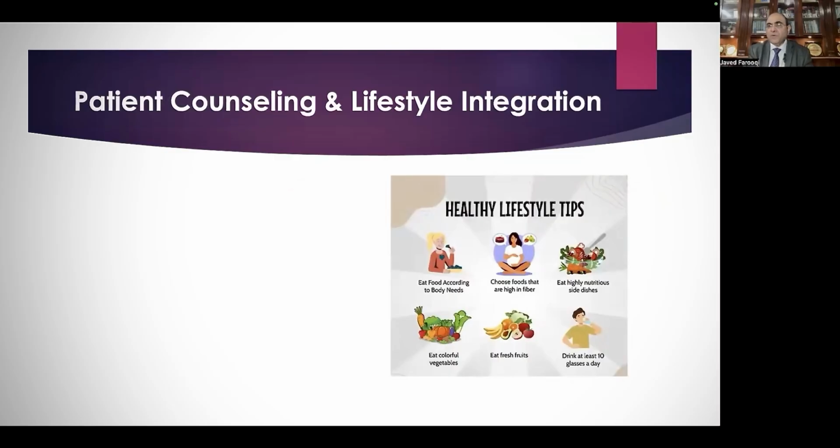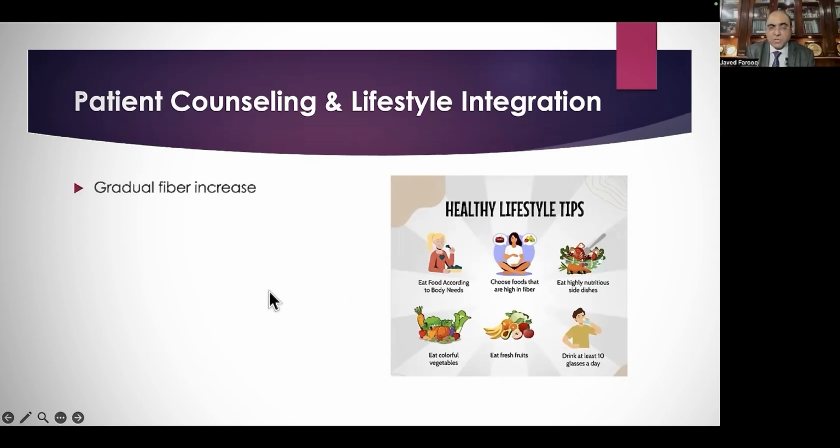So, a few words about the patient counseling and lifestyle integration. The healthy lifestyle tips are: eat food according to body needs, eat colorful vegetables, choose foods that are high in fiber, eat fresh fruits, eat highly nutritious side dishes, and drink at least 10 glasses a day.